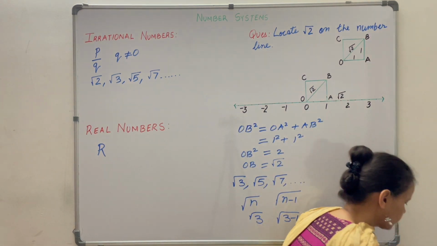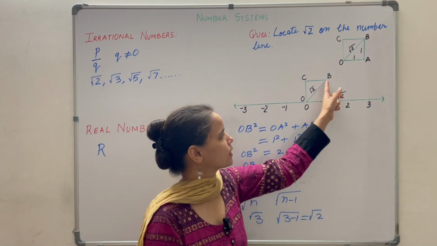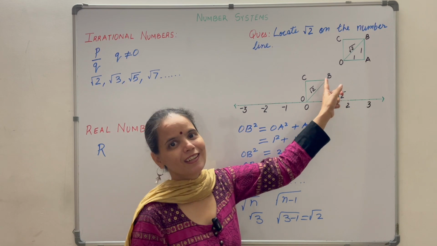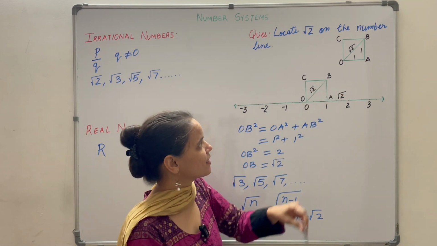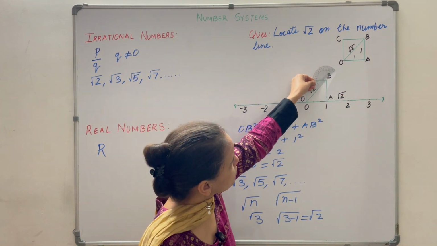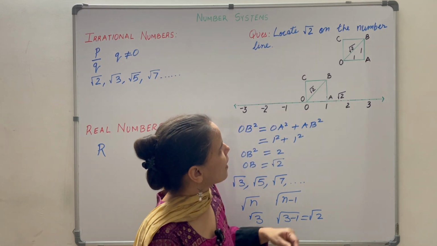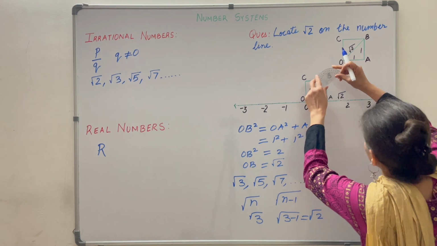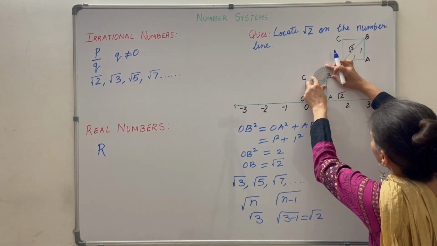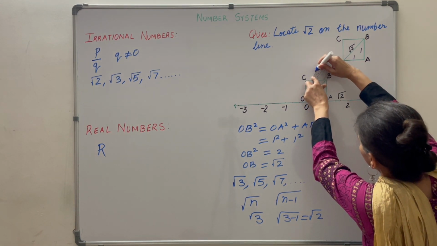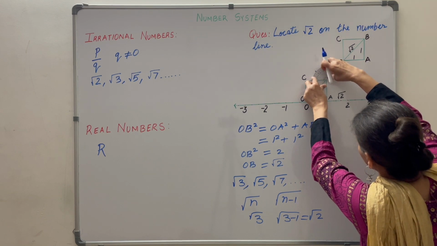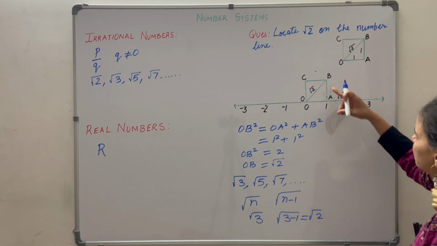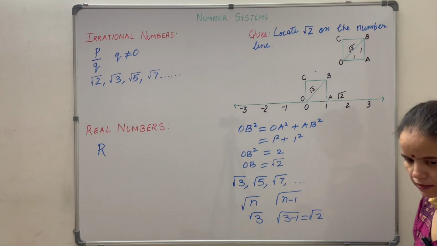So this length is root 2. Here at point B, we will construct 90 degrees using a protractor. You can put your protractor like this and make an angle of 90 degrees. Let us do it. So let us make 90 degrees now.